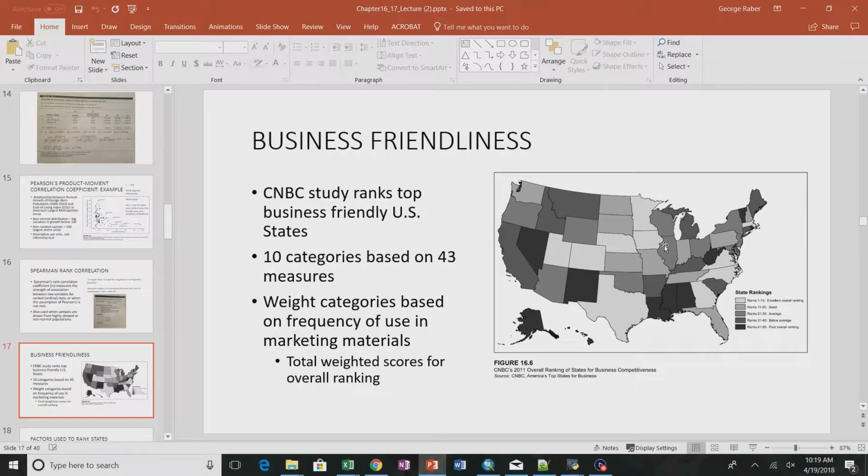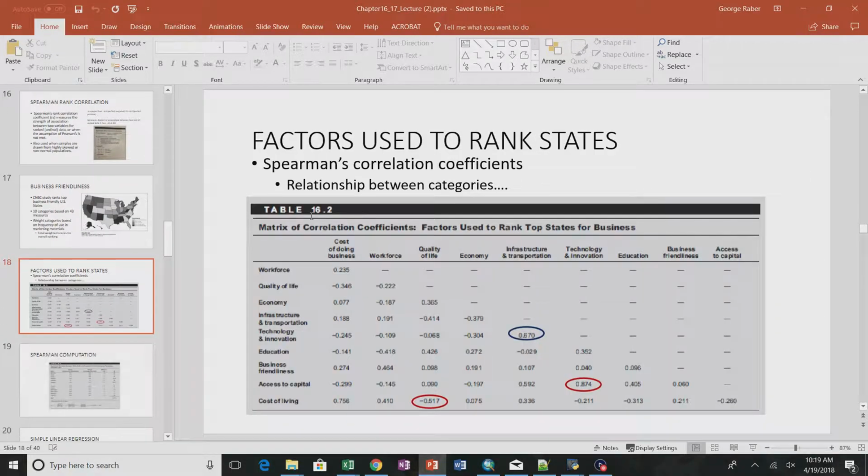So here we've got 10 different categories, and then the response variable, is it business friendly? Here are all the categories, and these are the correlation coefficients between different categories.